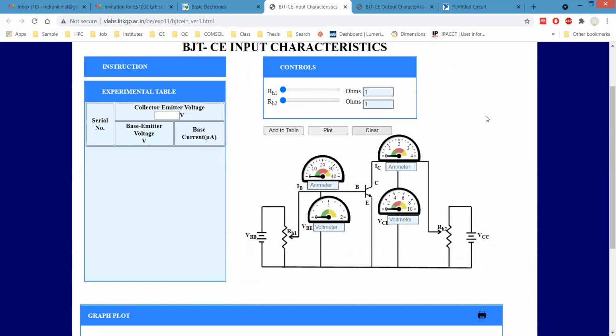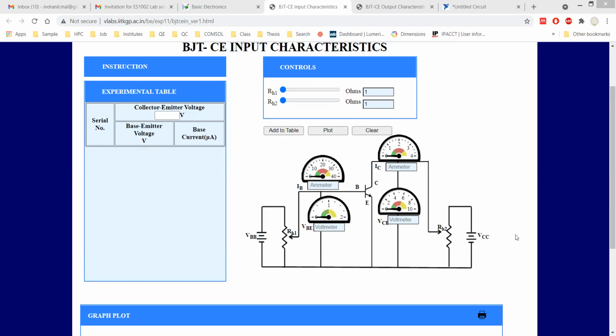Okay, so as you can see, this is the transistor. Could you please tell me which kind of transistor it is, NPN or PNP? Anyone? NPN, sir. NPN. Yeah. Okay.